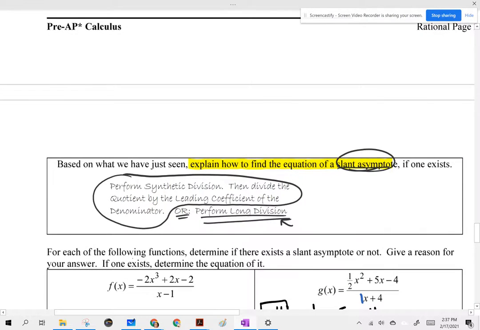It says for each of the following functions, determine if there exists a slant asymptote or not. Give a reason for your answer. If it exists, determine the equation of it. So remember, we are comparing the degrees. The top is 3, the denominator is 1 for the degree.